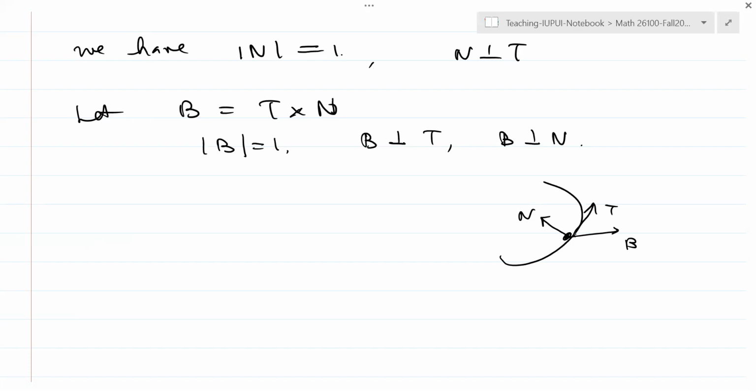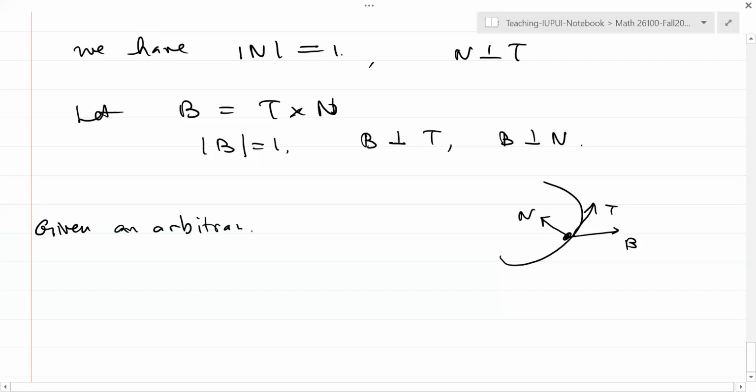How can I find the curvature, given an arbitrary parametrization? How can I do it?